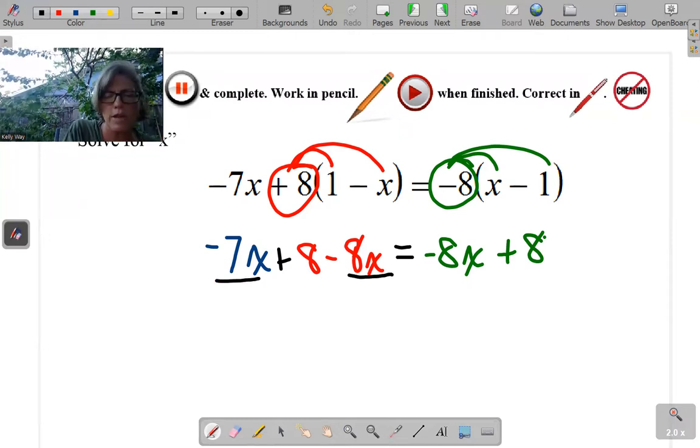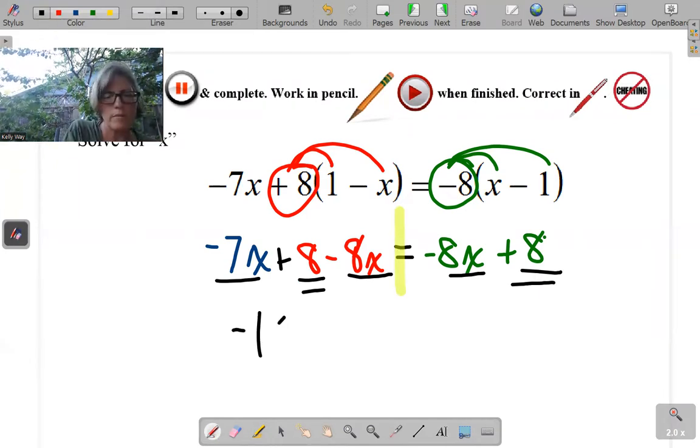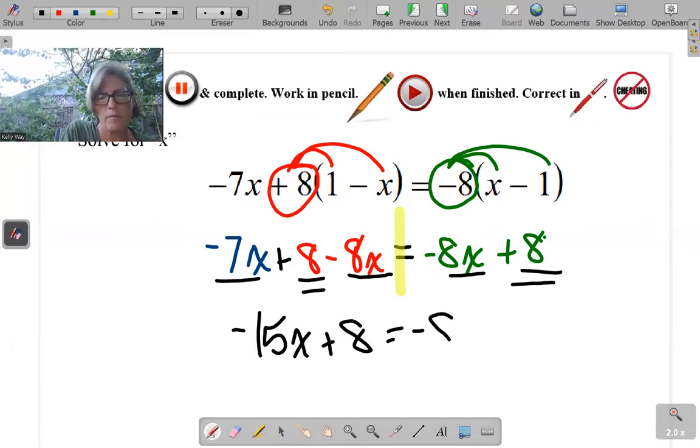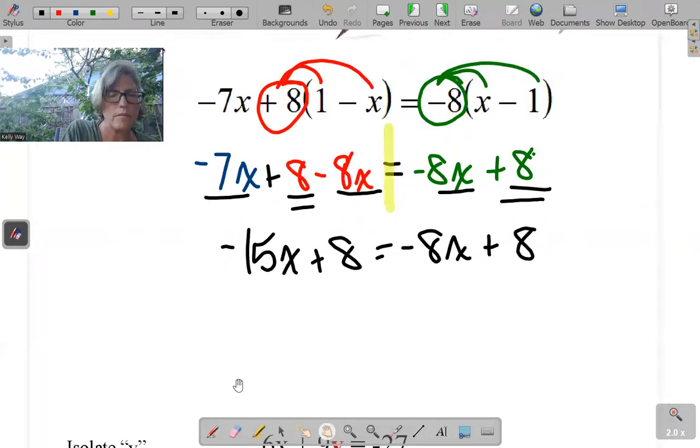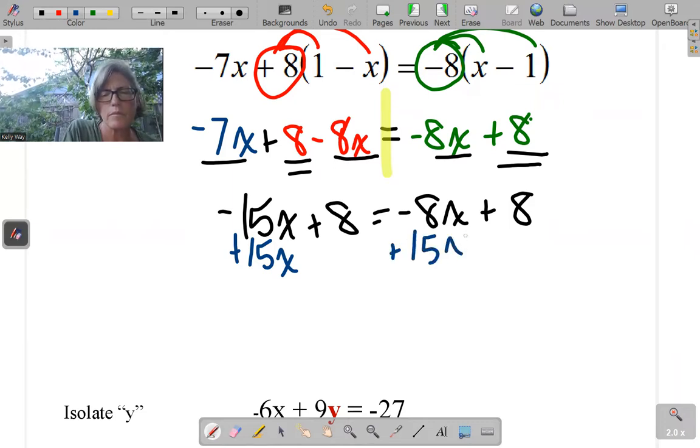I like to underline my variables, double underline my numbers. Now you collect like terms, one on one side, one on the other. One step at a time.